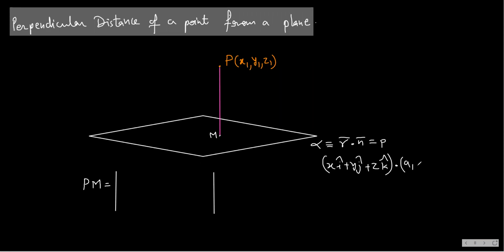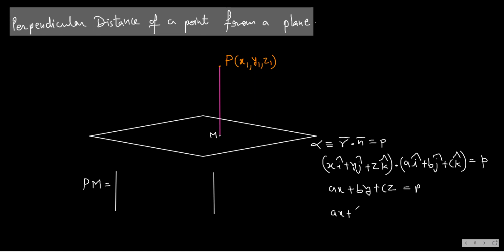That is, a i cap plus b j cap plus c k cap, and the right hand side is p. So now it will become, as this is a dot product, ax plus by plus cz equals p.